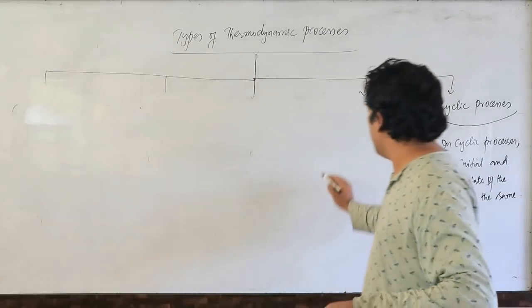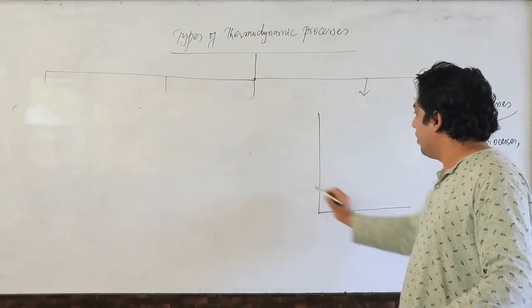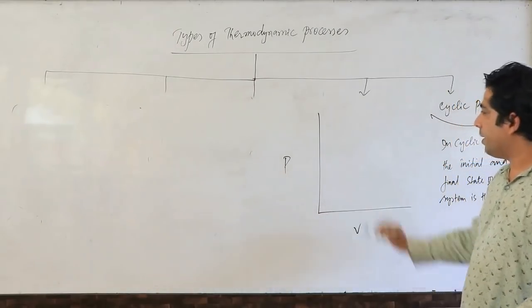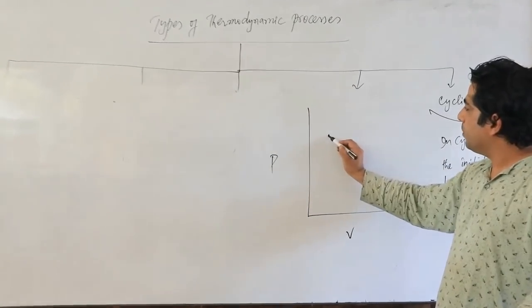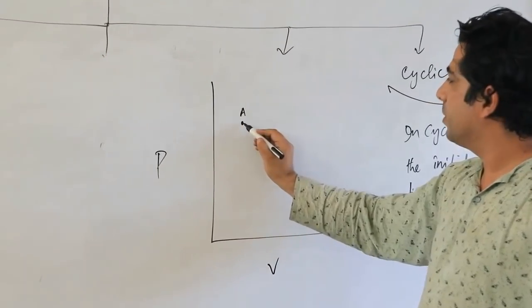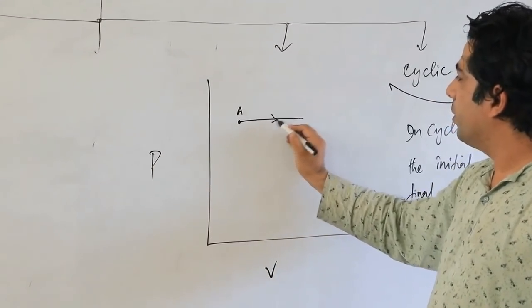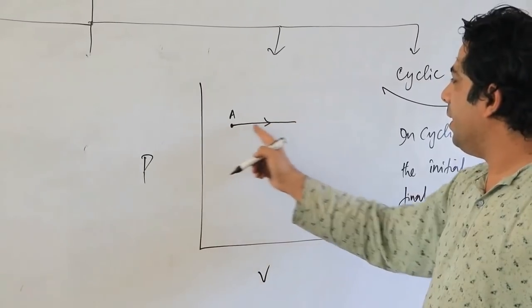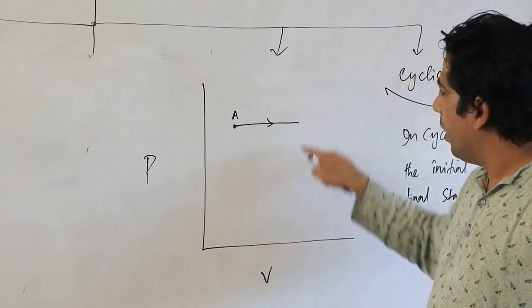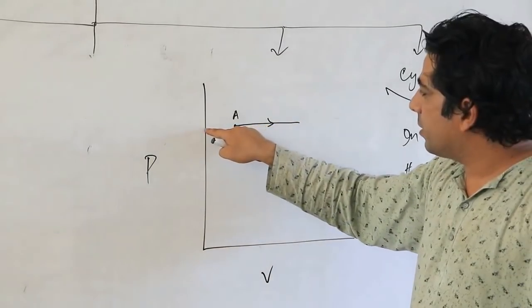If I draw a graph between pressure and volume, let us see here, my dear friends. Let us suppose this point A is the initial state of the system. Try to have a look. This line, which I am drawing parallel to the x-axis, along this line the pressure is constant.